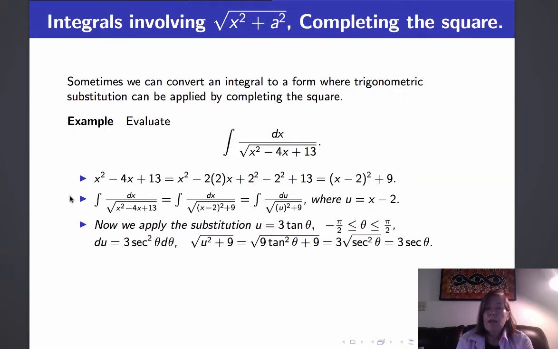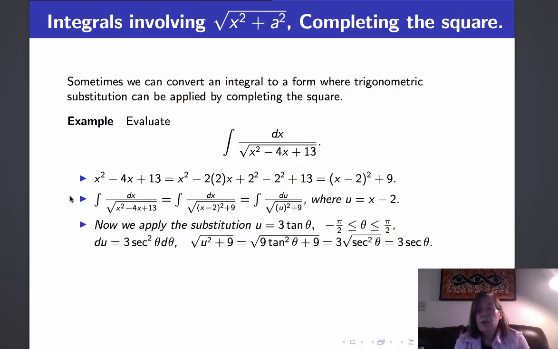Now we can apply our trigonometric substitution. We let u equal 3 times tangent of theta, as prescribed. U equals a times tangent of theta, with theta in the appropriate interval, and then of course du becomes 3 times secant squared theta d theta.